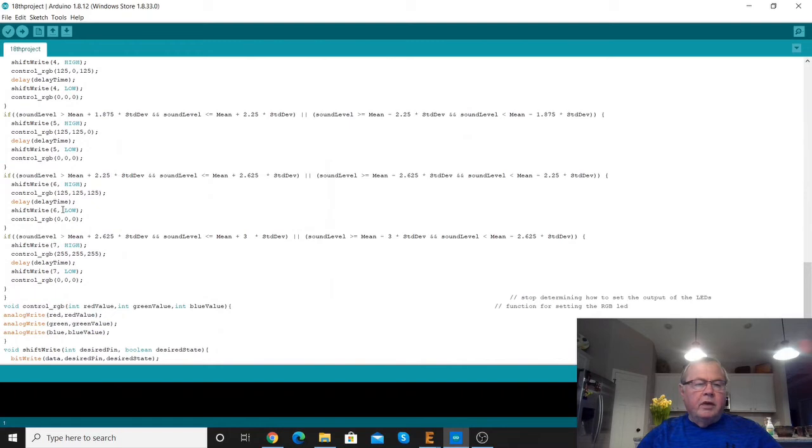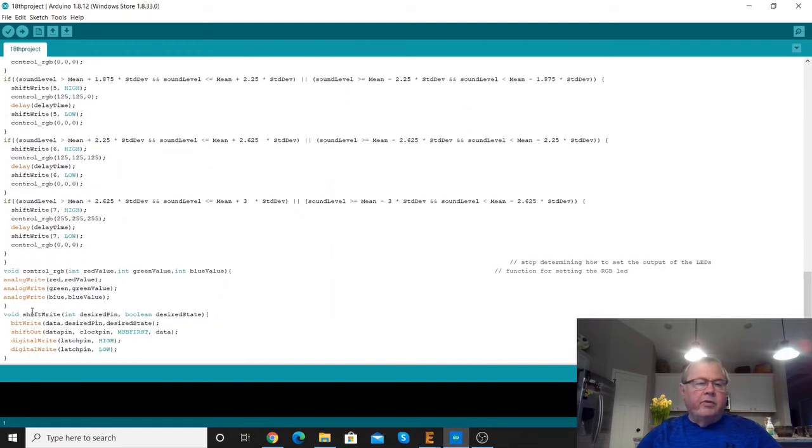And that shift right is a function that we've developed down here, and we're delivering to it a desired pin. This is a shift right up here. The desired pin is pin 7, and a desired state. And up here, we're delivering it a high in this particular area. And then these are a couple of functions that are in the Arduino, a bit right and a shift out.